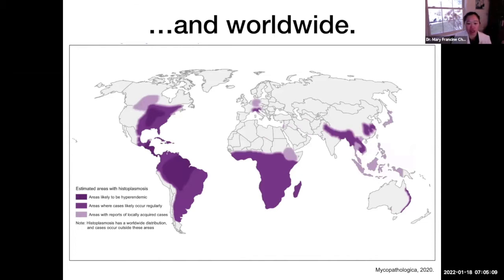Essentially, in every continent in the world, there have been reports of histoplasmosis, except for Antarctica. So again, when you read your textbooks, they all say United States, Mississippi, Ohio River Valley. Really, you can see it in a lot of places worldwide, essentially.